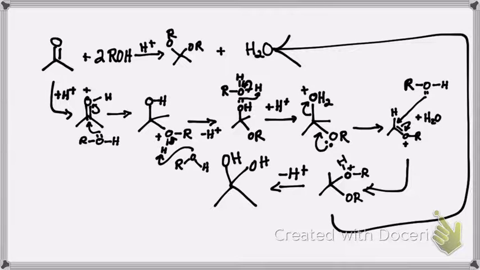Long mechanism. Just a couple of side notes, and these are reminders. I did mention some of this stuff before, but this is really important in these reactions. Acidic condition: no negative charge in mechanism.